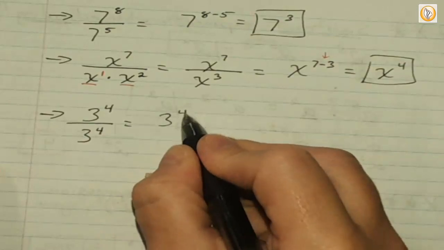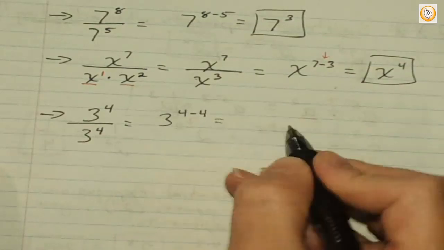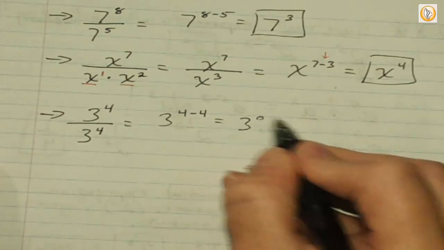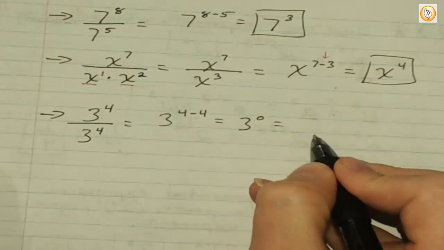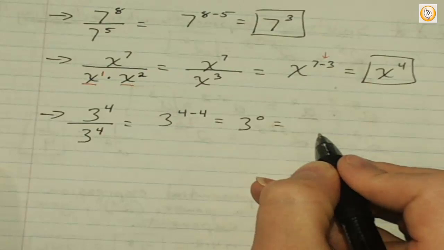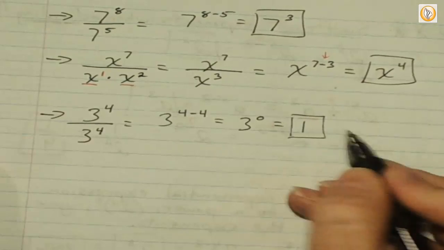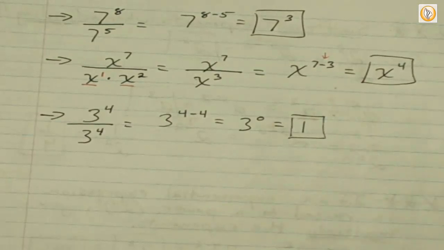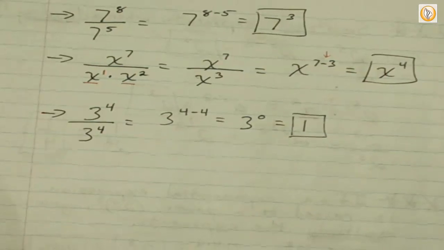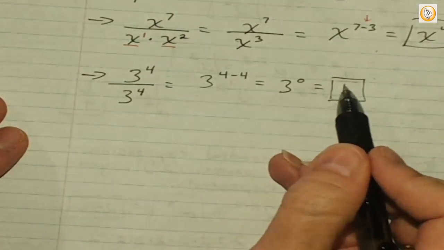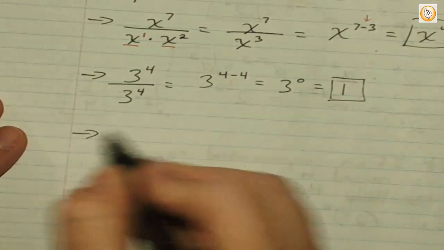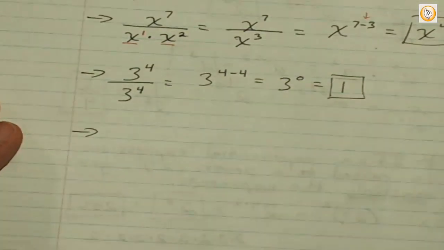So then it's 4 minus 4. What is 4 minus 4? 0. So 3 to the 0 power, which is? 1. There you go. Yeah, you really have to solve that one out. This divided by this will give you 1, but I still want to work it out just to make sure.